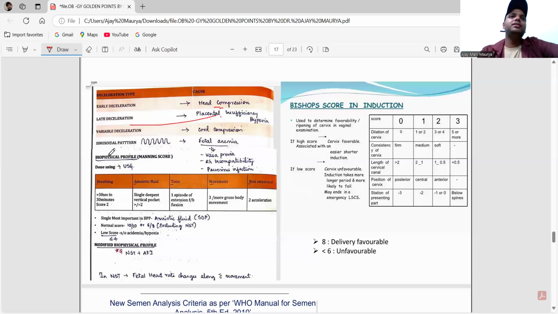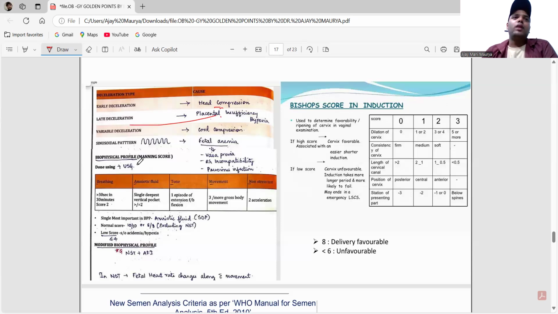This sinusoidal pattern is seen in fetal anemia, for example vasa previa, Rh incompatibility, and parvovirus infection. So guys, please remember this is the biophysical profile, also called the Manning score.